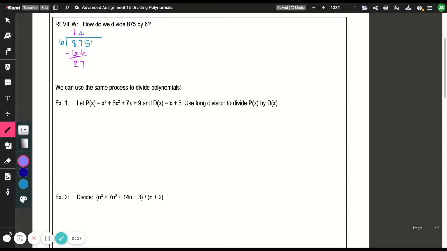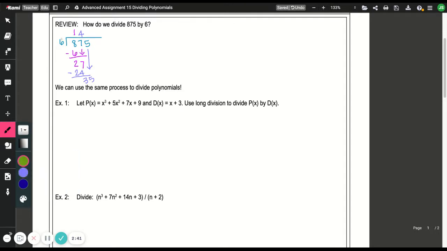That goes up on top. So step 1 is figure out what I multiply by. Step 2 is to actually multiply it. 4 times 6 is 24. And then we subtract. 27 minus 24 is 3. And bring down that next number.